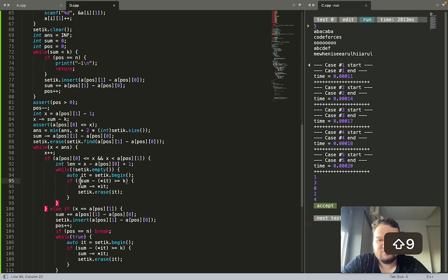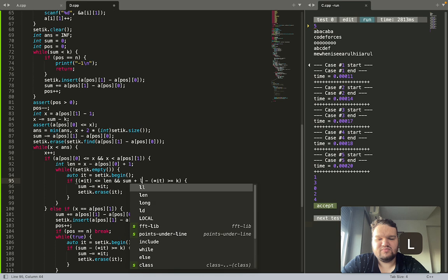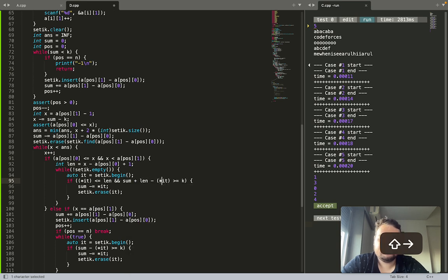But I can do it only if it is not better than the current segment, because maybe I should drop the current segment instead. And if sum plus len minus this length is still greater than k, then we can remove it.